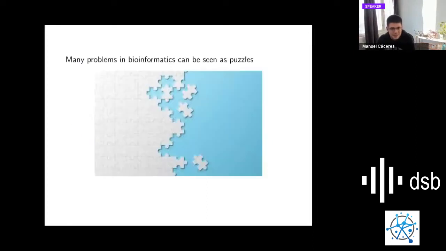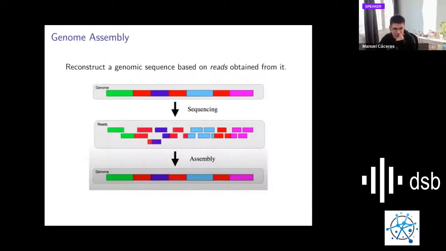But first, I would like to talk about puzzles. Many problems in bioinformatics can be seen as puzzles, where we have only the pieces, and the objective is to build the entire puzzle. For example, in genome assembly, which we have discussed extensively until now, we have reads of some hidden genome that we don't know, and we want to reconstruct this genome from these reads.